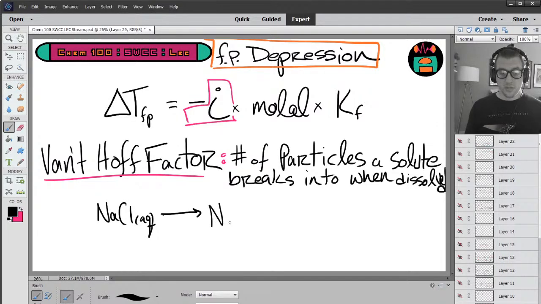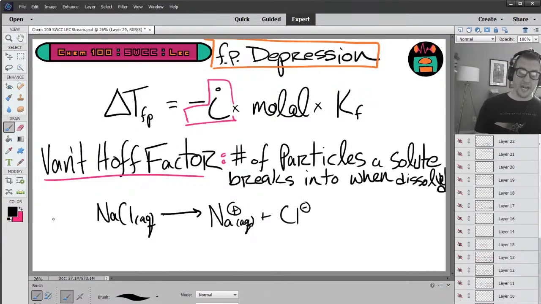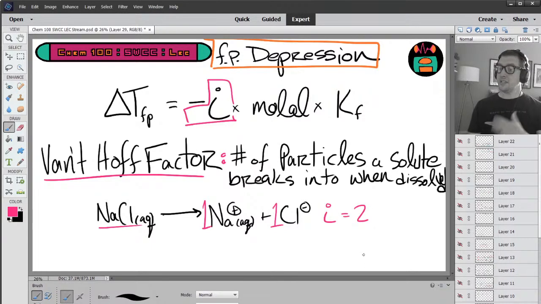So sodium is just free-floating sodium. Chloride is free-floating chloride. And you can see that sodium chloride breaks into one sodium ion and one chloride ion. So the Vant-Hoff factor for sodium chloride is 2. There's 2 ions there.